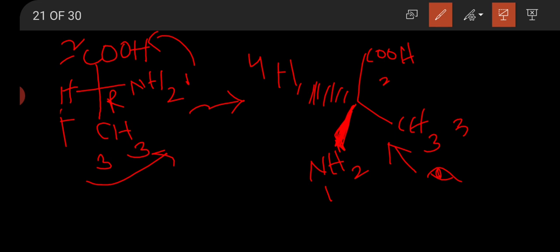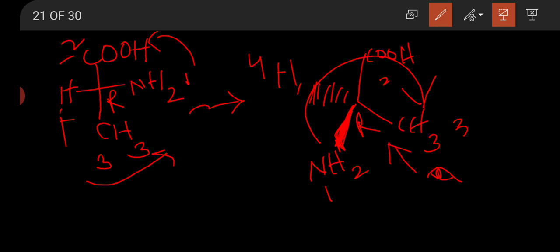Seeing from the front, the 1, 2, 3 priority is clockwise and the fourth priority is below the plane, therefore it is R configuration.